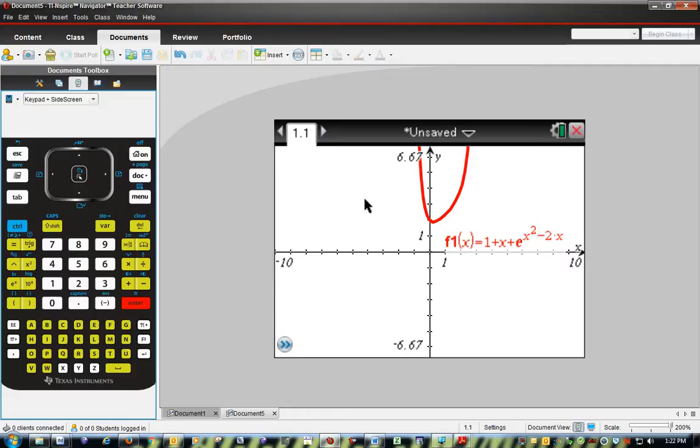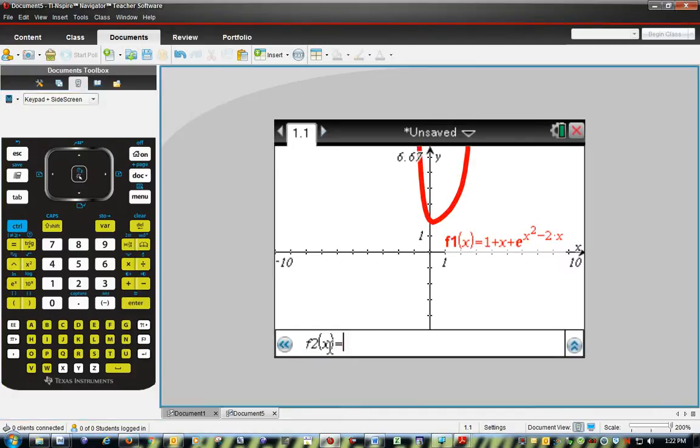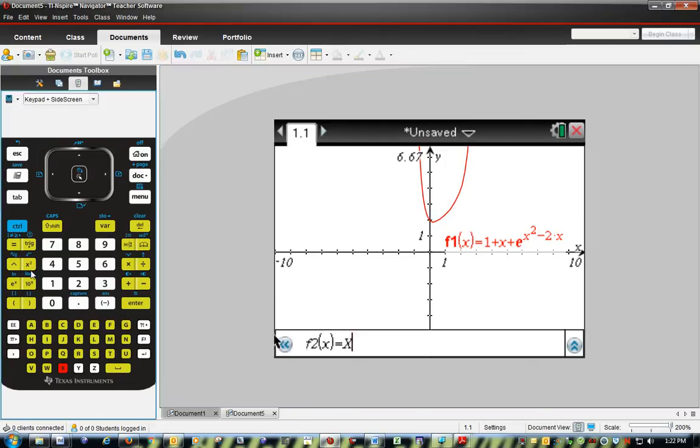Well, we figured out that F1 we typed in as our function f. So that's going to be equal to, hit variable, I want f2 of x. And it comes back to the whole idea that the calculator's smart and dumb all at the same time. You're going to solve this for x.